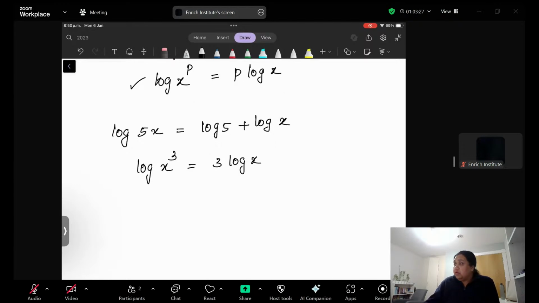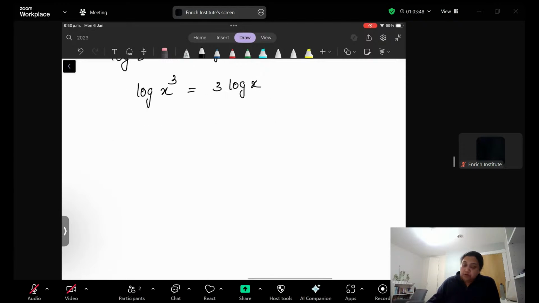Now we'll see how you can solve equations using this. So let me just take a quick equation. If I write log 2 to the base 4 plus log 32 to the base 4, we have to find the value of this.